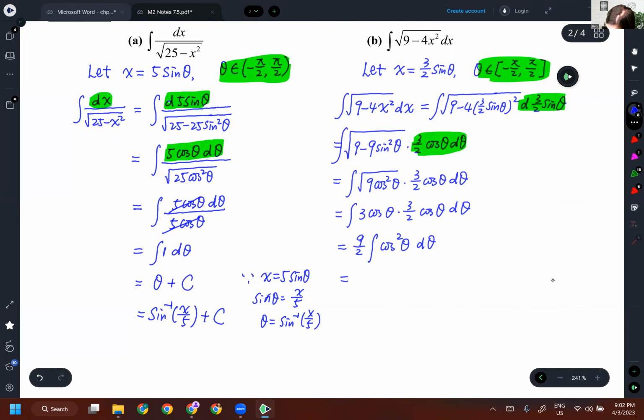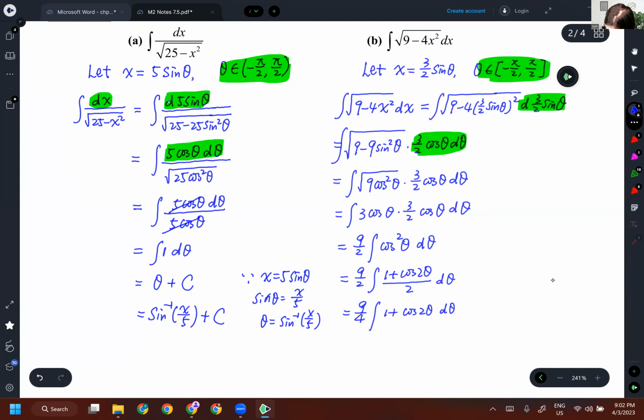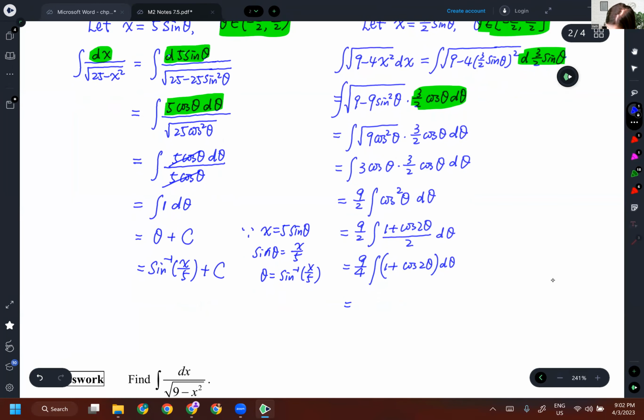For this one, I will change it to 1 plus cosine 2 theta divided by 2, d theta. So that will be 9/4 times the integral of 1 plus cosine 2 theta d theta. So in this case, it's 9/4 times theta plus 1/2 sine 2 theta, close bracket, plus c.